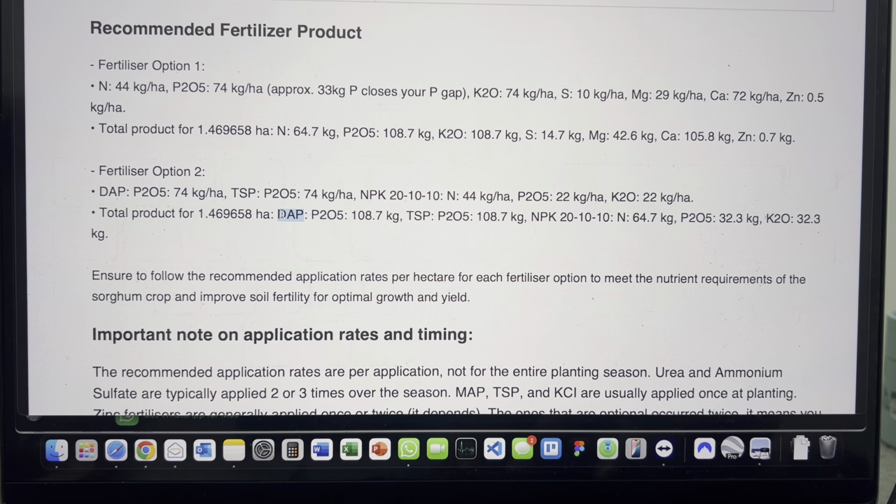For every 50 kg bag, you check in your local market how they are selling DAP. Is it in 20, 10 kilo or 50 kilo? But I'm assuming 50 kilo. So if it is 50 kilo, DAP contains about 46% of this phosphate compound.